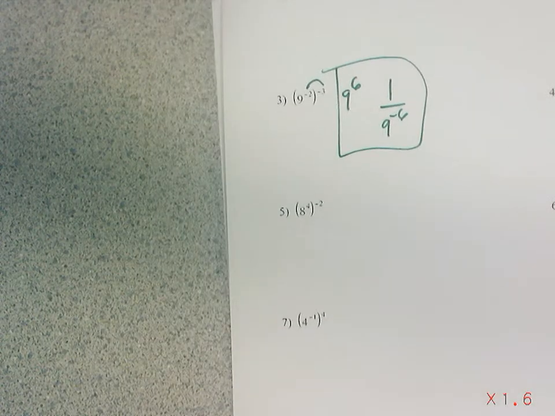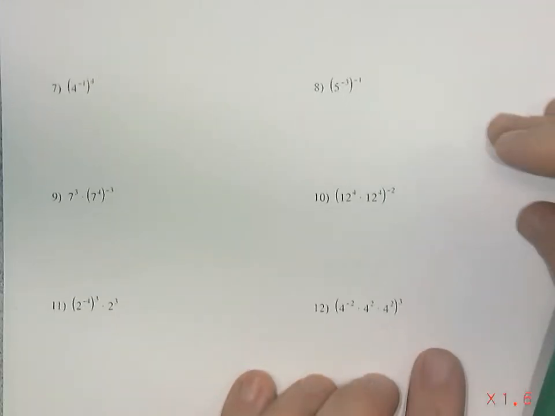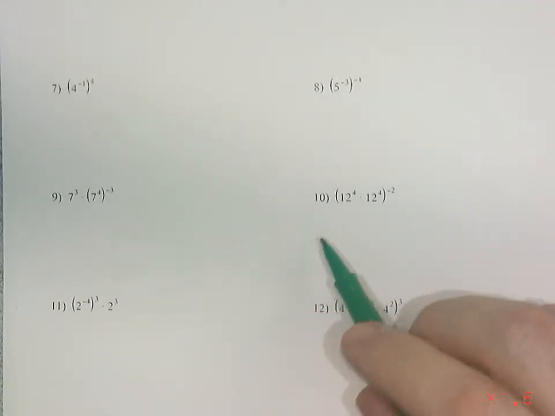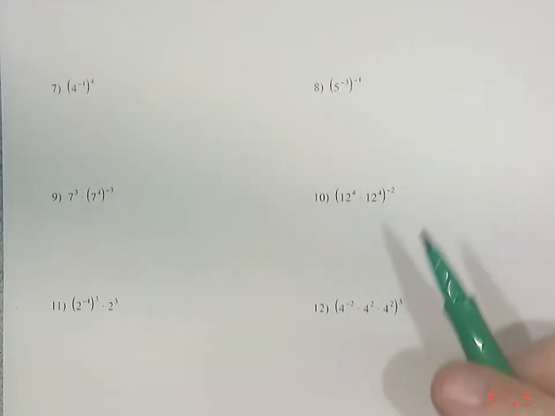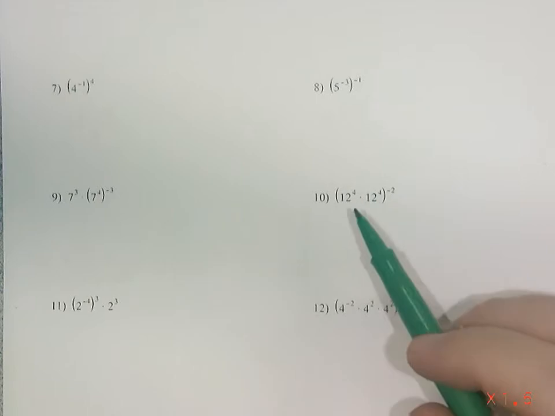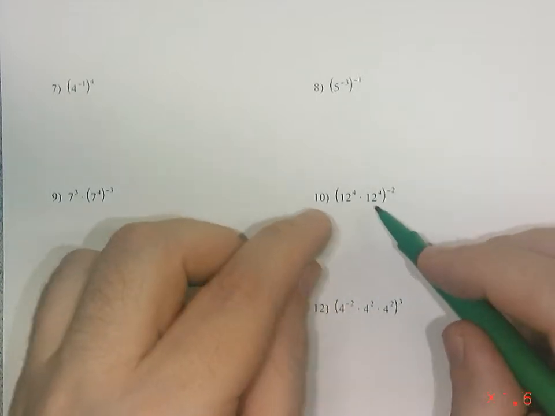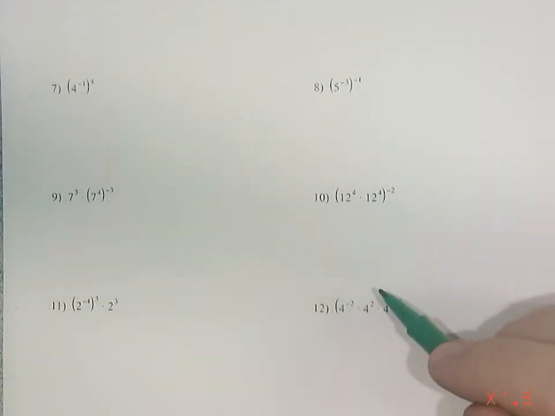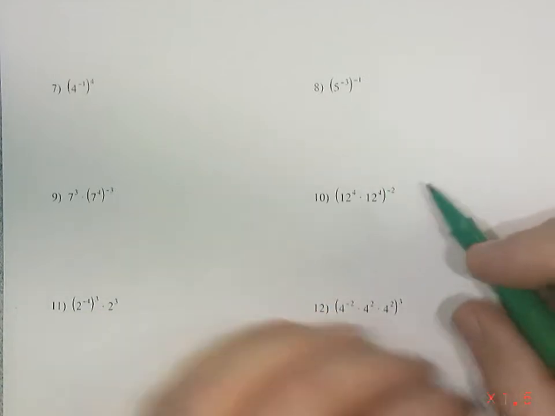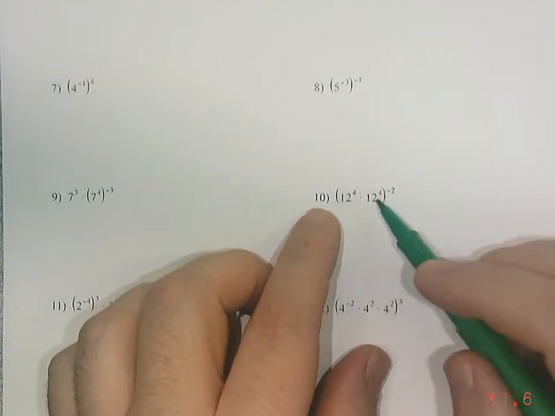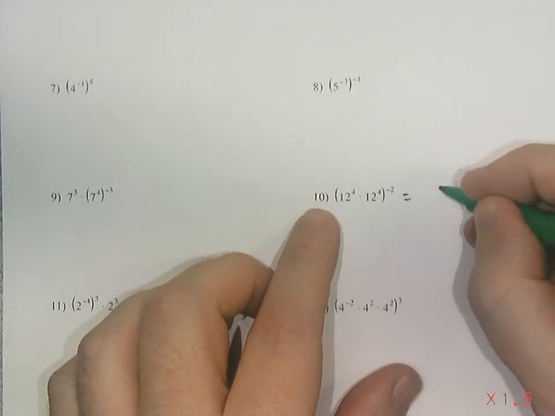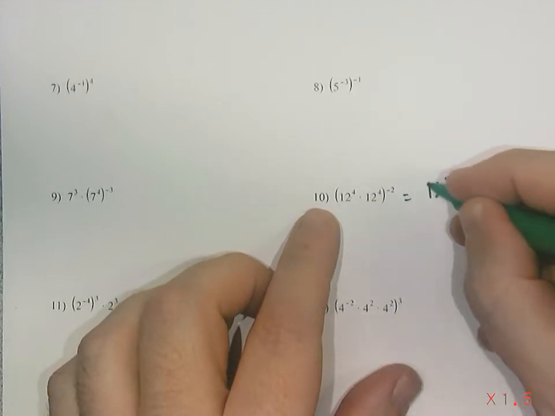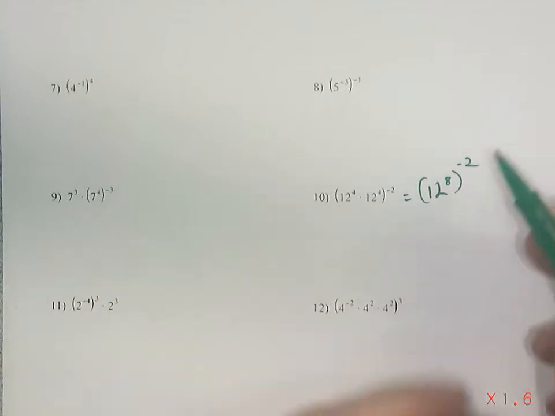Okay? Let's do number 10. So here we've got something being multiplied inside and then being raised to a power. So anytime we have something like this, we're going to simplify inside the parentheses first, then raise it to the power. So we're going to do the multiplying. 12 to the 4th times 12 to the 4th is 4 plus 4, which is 12 to the 8th being raised to the negative 2 power.